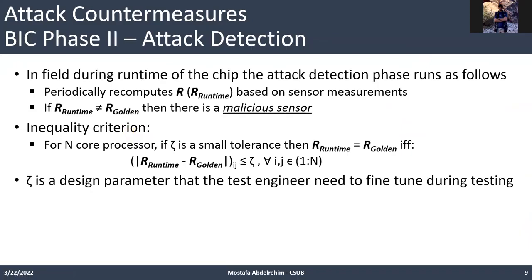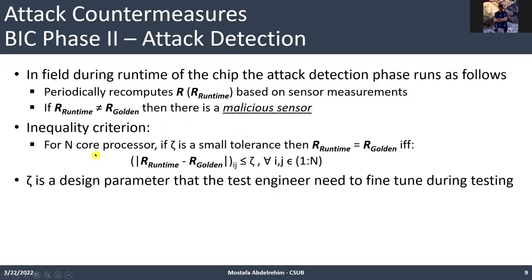Phase 2 happens in field during runtime of the chip. So this attack detection phase runs as follows. We periodically recompute R, which we're gonna call R runtime here, based on the sensor measurements, of course. And again, if R runtime doesn't equal R golden, then we have a malicious sensor. So we need some inequality criteria here.